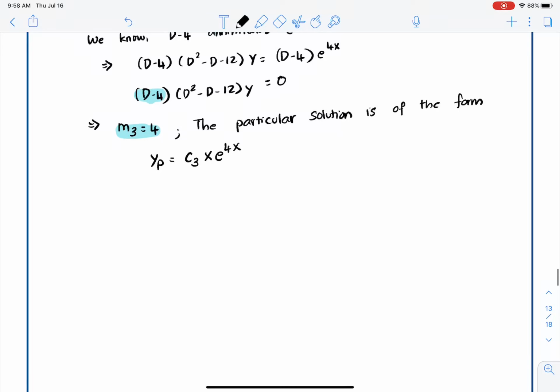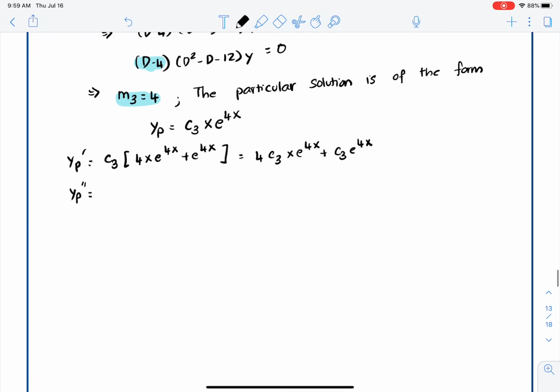We could find the first derivative, second derivative, and plug it in. Yp prime is c3 4x e raised 4x plus e raised 4x times 1. And that would give us 4c3 x e raised 4x plus c3 e raised 4x. Yp double prime would be equal to 4c3 4x e raised 4x plus e raised 4x.